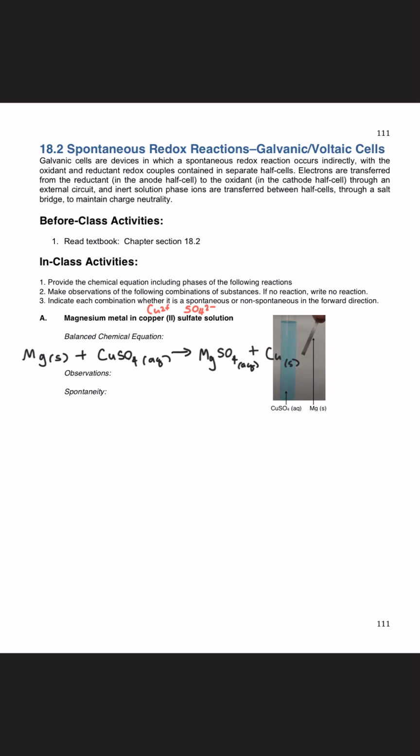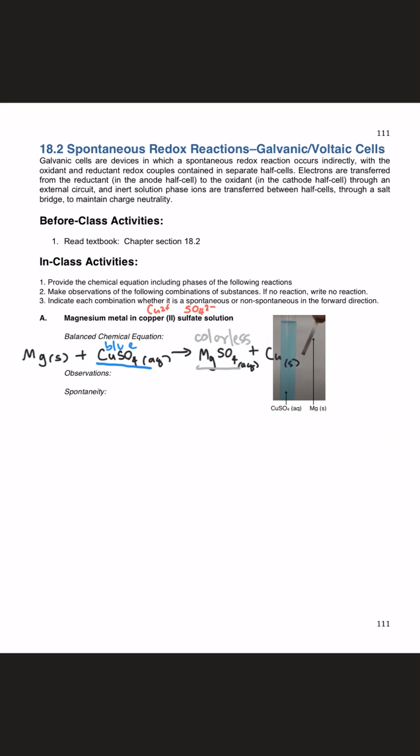Also, because copper sulfate solution is blue and magnesium sulfate solution is colorless, if this reaction happens, you are going to see the change from blue, which is the identity of copper sulfate solution, to no color at all, a colorless solution that belongs to magnesium sulfate.